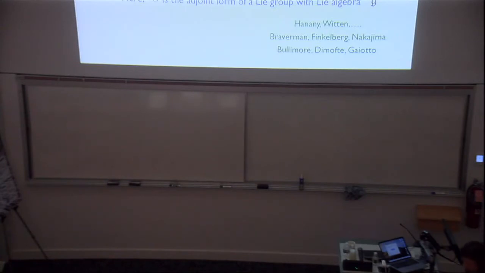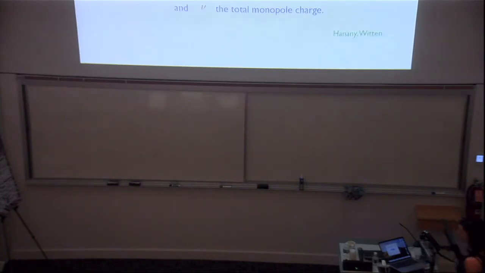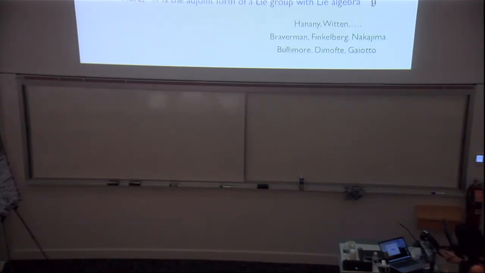So for our gauge theory, the Coulomb branch X check is a certain intersection of slices in the thick affine Grassmannian of G. Here G is the adjoint form of a Lie group with Lie algebra g. There's another way of thinking about X check. For general quivers of this type, you need certain generalized slices in the affine Grassmannian.